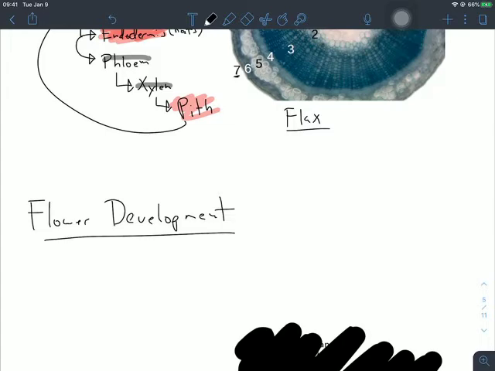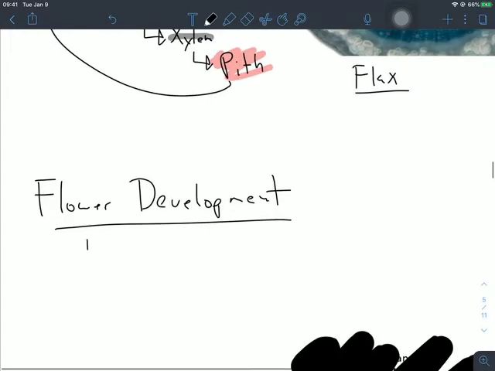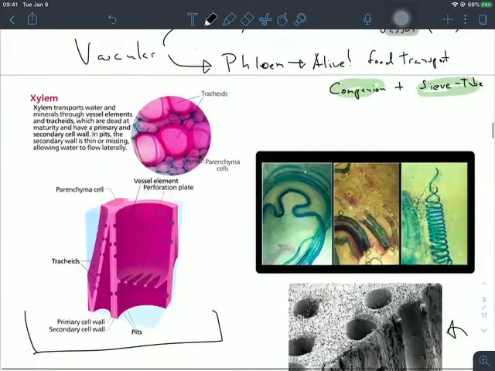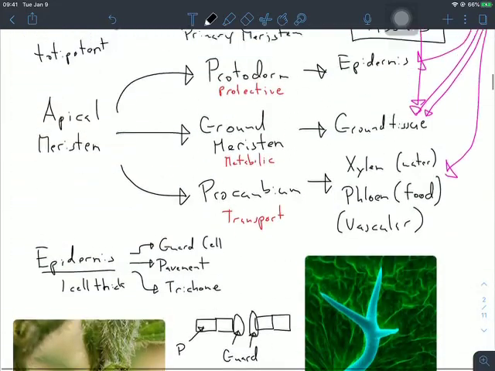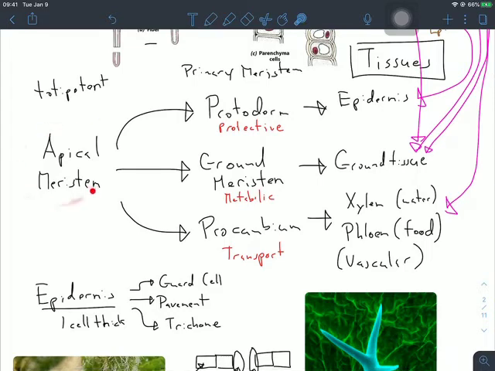So we need to understand the different layers of a flower. Now, we didn't talk at all about flowers as specific tissues. These are reproductive organs, so they get their own specialized treatment. That's why they're not included here in our apical meristem tissue types.